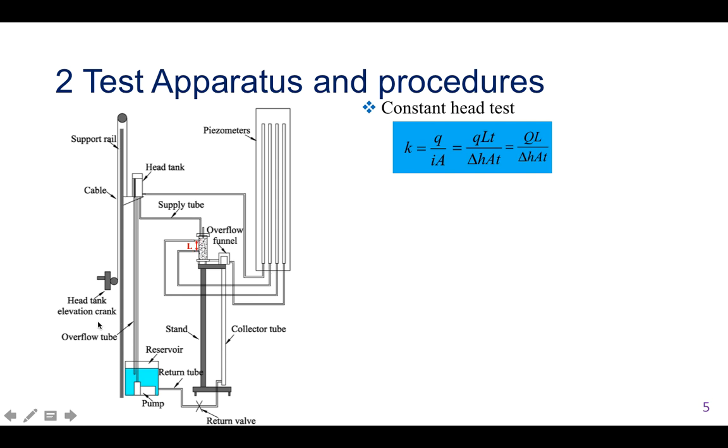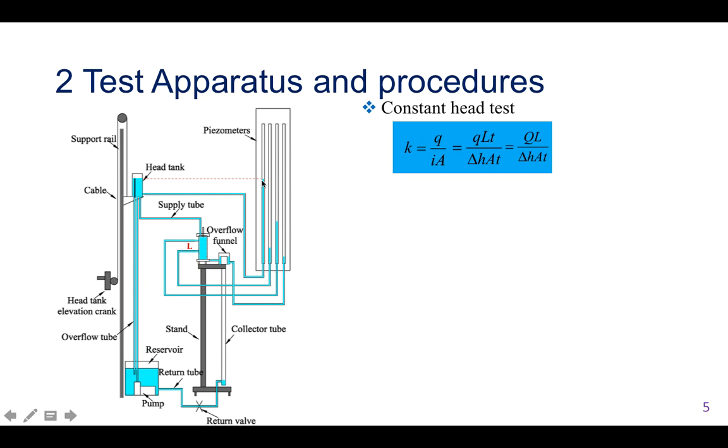This crank is used to adjust the elevation of the head tank. In this test, we need to change the elevation of the head tank at least 3 times to repeat the test. Now, if we turn the pump on, water will be pumped into the head tank. The water level is raised slowly to the height of the overflow tube. Because of the overflow tube, the hydraulic head in the head tank will remain constant.